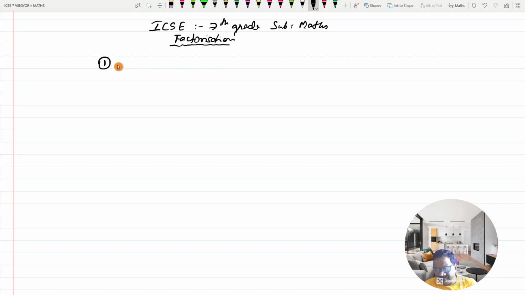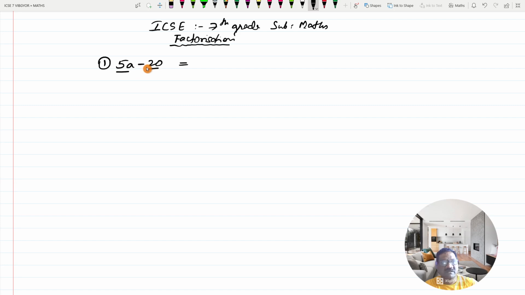Now, these are very simple ones. Okay. Basic. And this is 7th grade maths, so it has to be very, very elementary. Okay. So let us take this example, 5a minus 20, right? Now this is an expression because there are two terms and the two terms are separated by a minus.